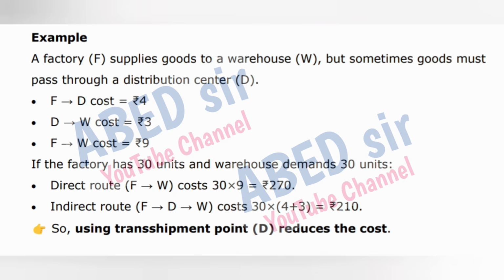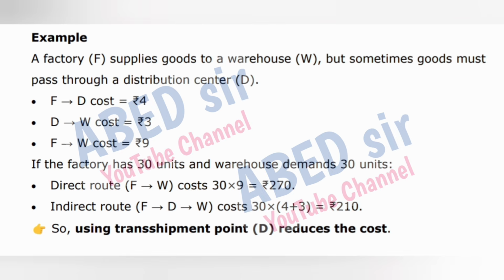Example. A factory, F, supplies goods to a warehouse, W, but sometimes goods must pass through a distribution center, D. FD cost is 4 rupees, DW cost is 3 rupees, FW cost is 9 rupees.